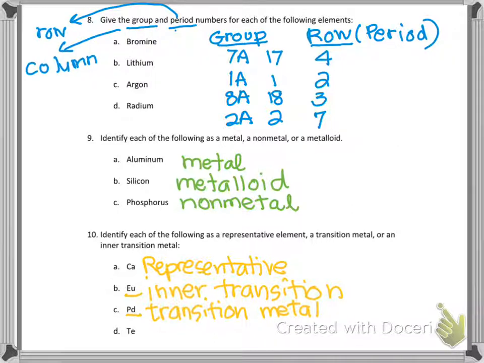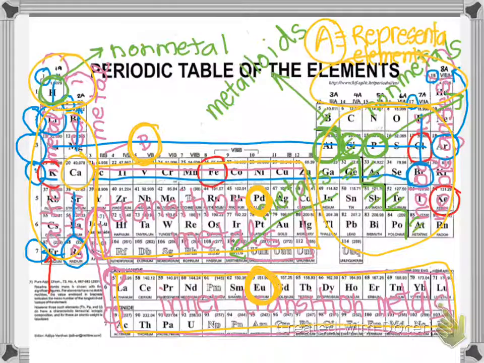And then finally Te, which is tellurium. And looking for tellurium, there's Tc. I was right, that's Te, tellurium. And it again is in a group, so I look up here, see this is group 6A.